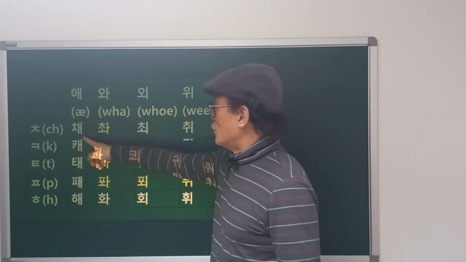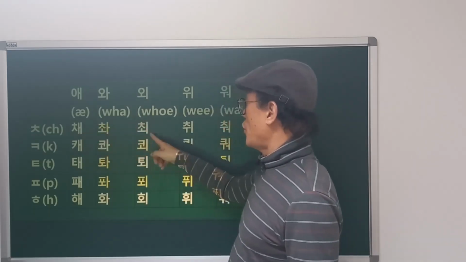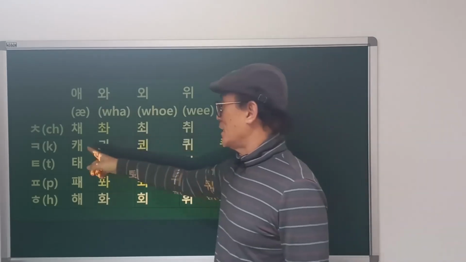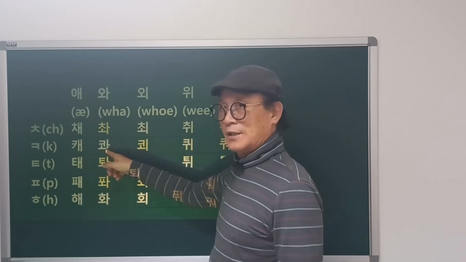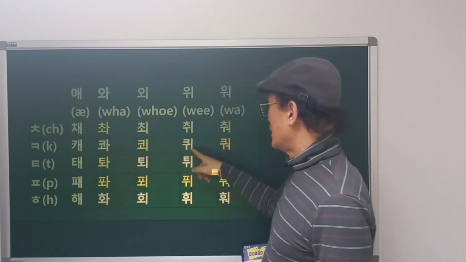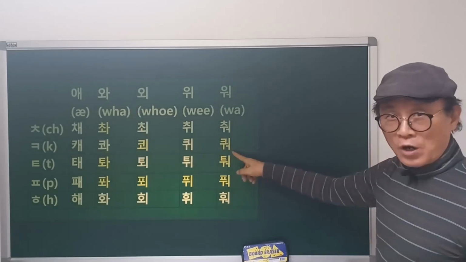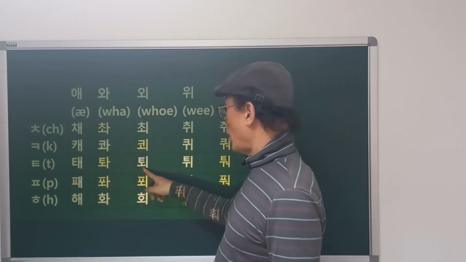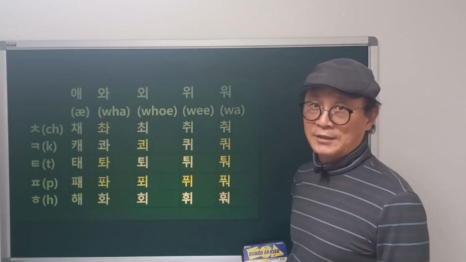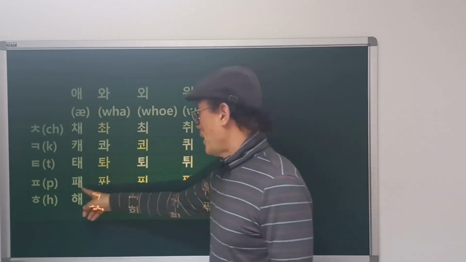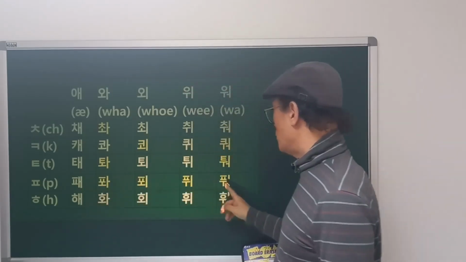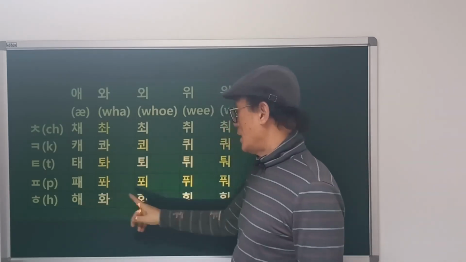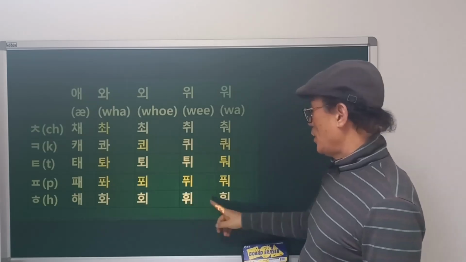So, 치, 채, 촤, 최, 취, 초. 크, 캐, 콰, 쾌, 퀴, 코, 트, 태, 튀, 퇴, 투, like that. Okay. 폐, 화, 폐, 피, 포. 해, 화, 회, 휘, 호.